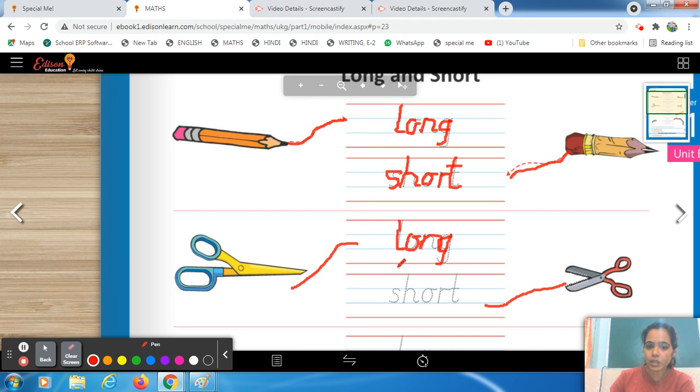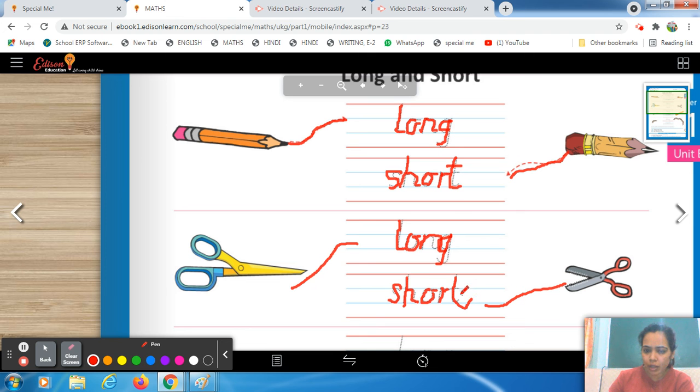The next word is short, S-H-O-R. Make the formation correctly, students.